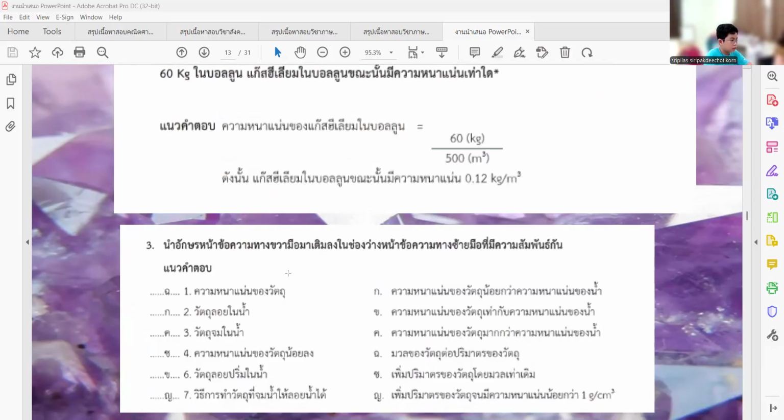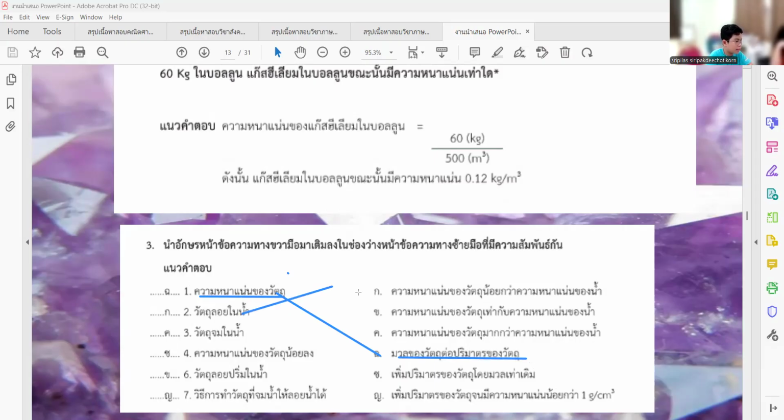Okay, let's look at this. It says density of an object. What is the density of an object? It's how to find the density of an object. D equals M divided by volume. Is it correct? Yes. Let's go to the next one.